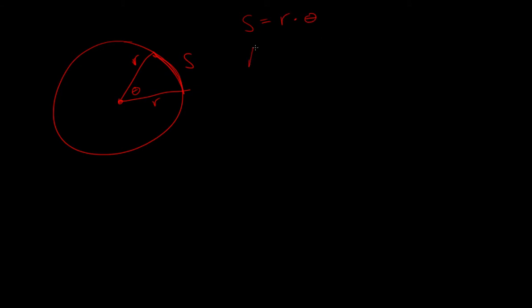And then if we wanted to find the area, like the surface area of this piece of pizza or this sector, the area of sector is equal to 1/2 theta times R squared. Okay. So you're going to be given different pieces and you'll need to find different things.